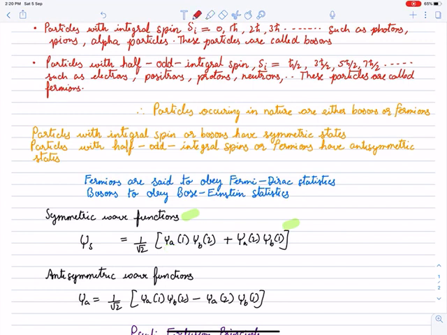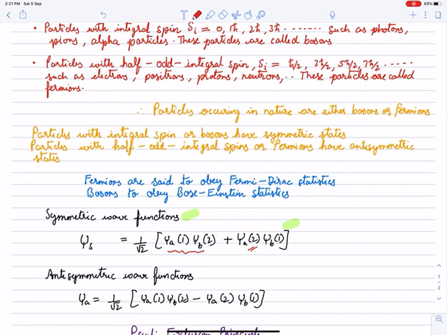If you write only the state ψa(1)ψb(2), it is not correct, because the system is in a superposition of two. So you have to write this term also. It can be in either of the two states, the A state or the B state.